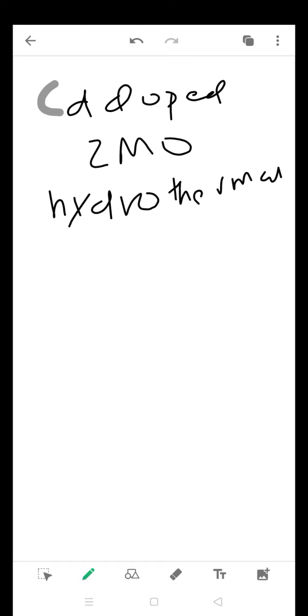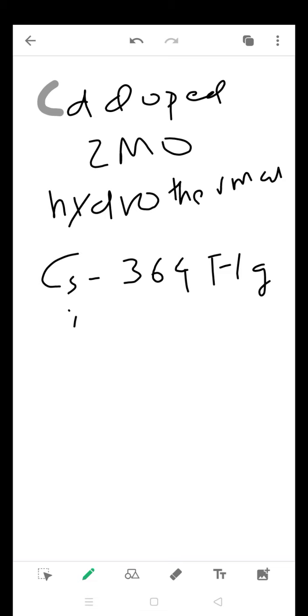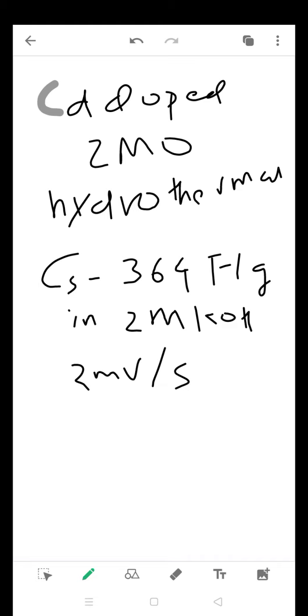Okay, and here the specific capacitance has been found to be 364 farads per gram in 2 molar KOH, and the scan rate was 2 millivolt per second.